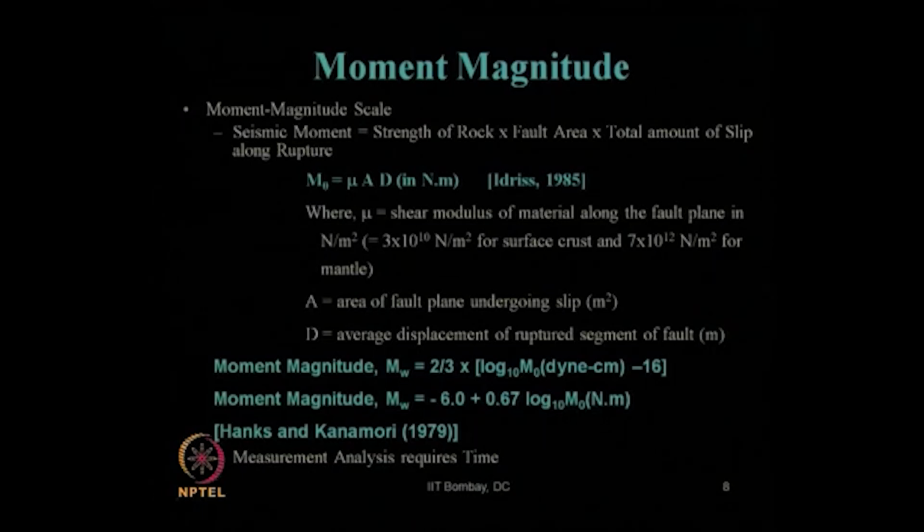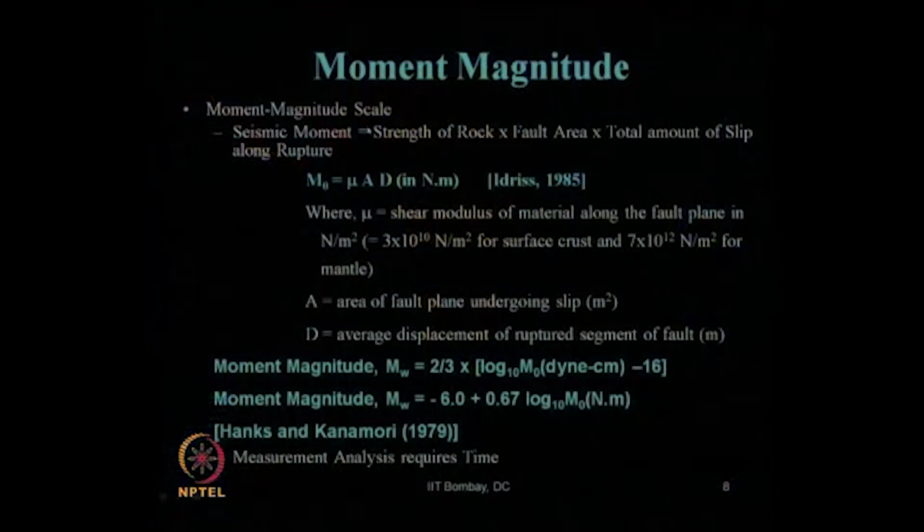Then we have seen that the technically best or correct scale to estimate the earthquake magnitude is the seismic moment magnitude scale. To estimate the seismic moment magnitude, the first parameter we need to estimate is the seismic moment, which is proposed by this equation, where mu is the shear modulus of the material of the fault plane.